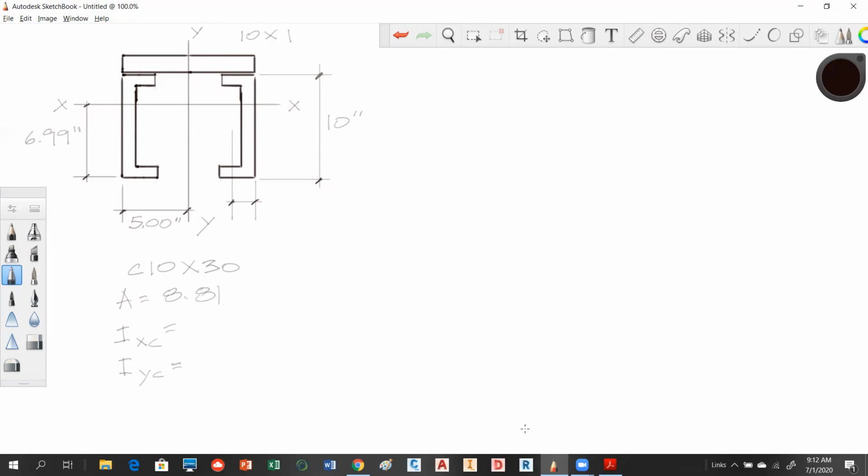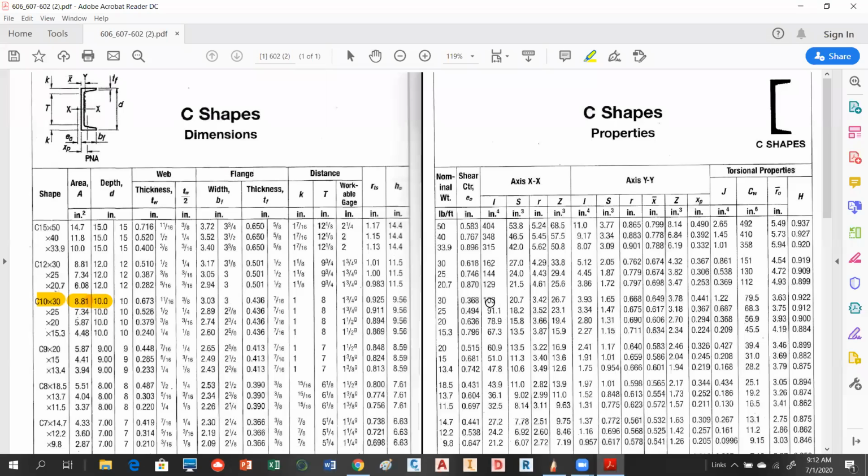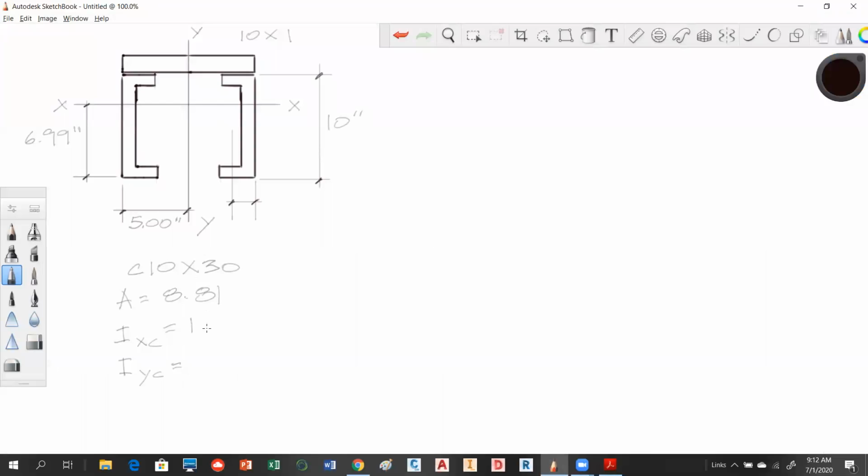8.81. Okay. The IY and IX, let's see, here's our 30. So here's our moment of inertia about the x-axis, 103. And here's the moment for the IY, so 393. Okay, so this is 103, and that would be inches to the fourth.